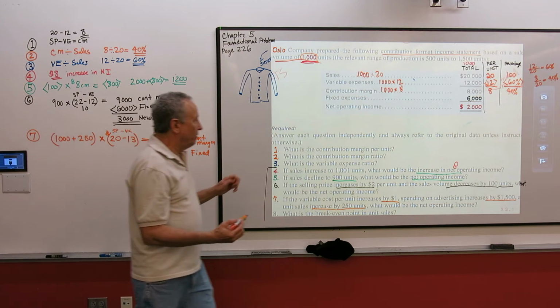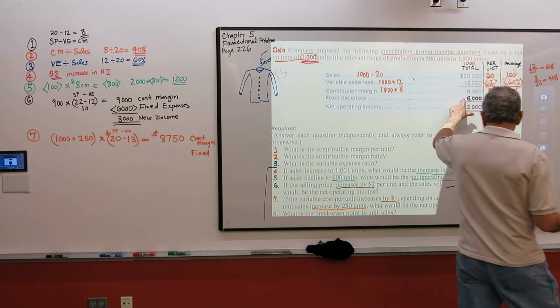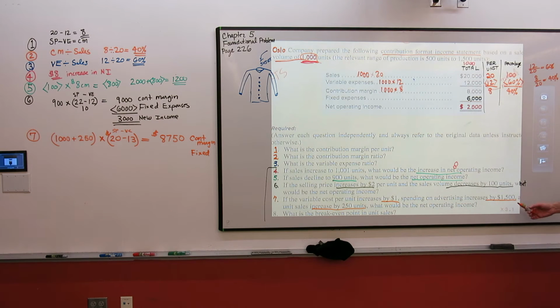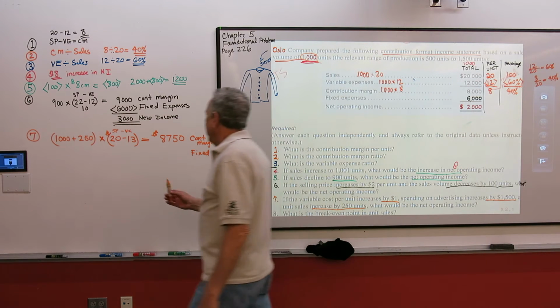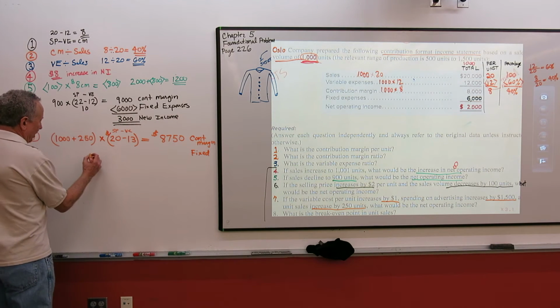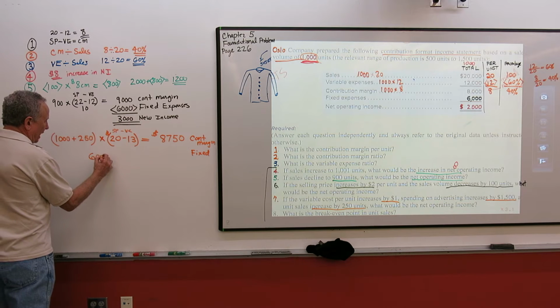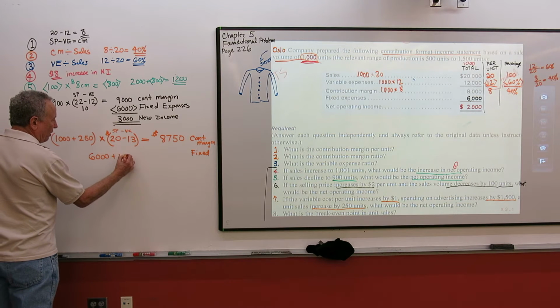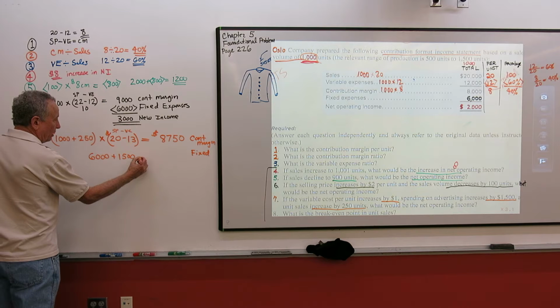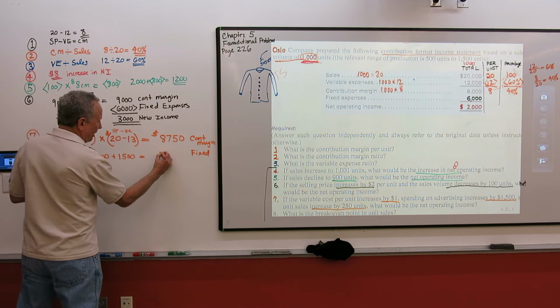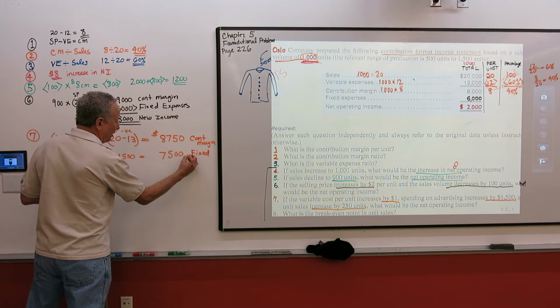Now try to remember the fixed expenses were 6. But do you remember that they're going to add what? $1,500 in advertising? So we're going to go back and say, well, they were $6,000. That's the old fixed. But they're going to add $1,500 more. So that's going to give them $7,500 now in fixed costs.